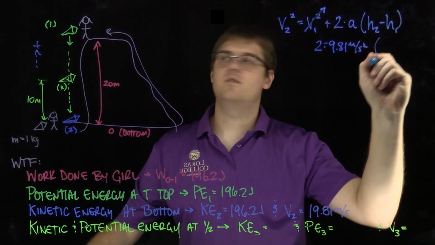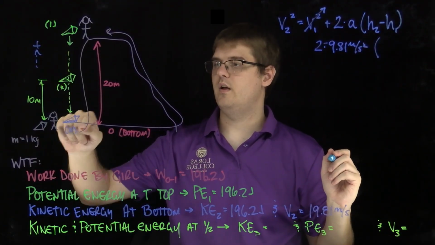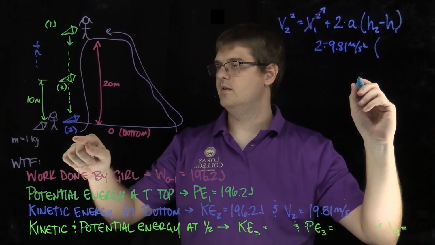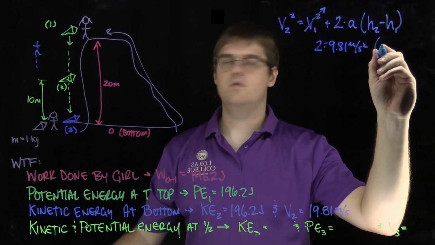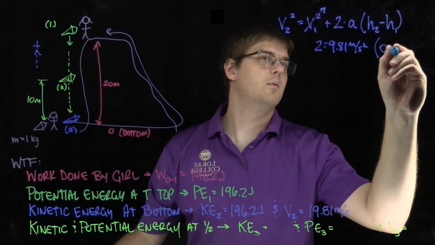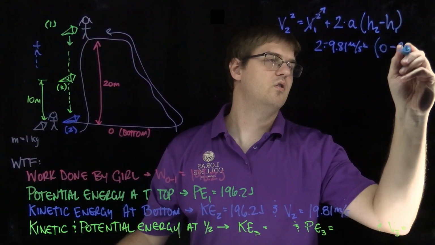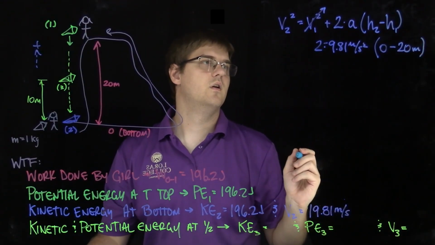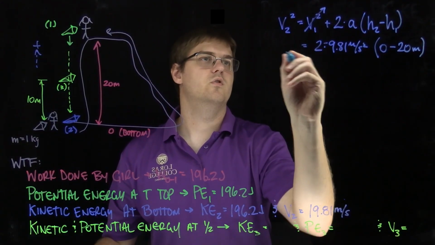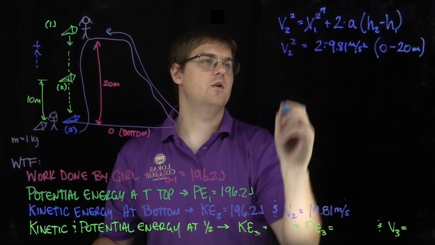Times h2 minus h1. h2 is 0 minus 20 meters, my initial height, is going to be equal to velocity 2 squared.